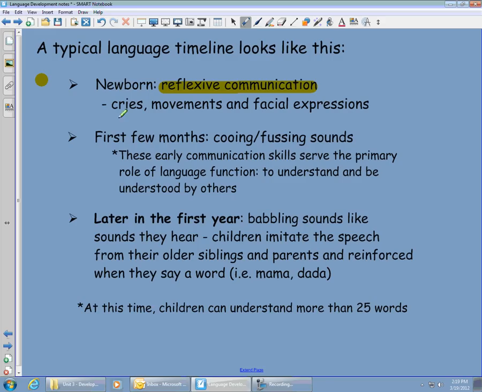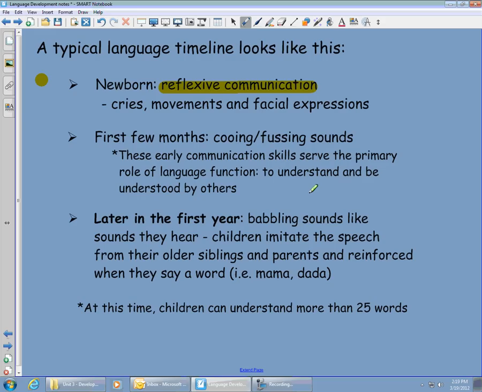So all of their communication is a reflex. So certain kinds of crying, certain kinds of sounds that they're making, and those sounds develop over time. It says the first couple of months they start making other kinds of noises. Basically, those sounds are doing the same things that we use language to do, to understand what other people are saying and to be understood by other people.